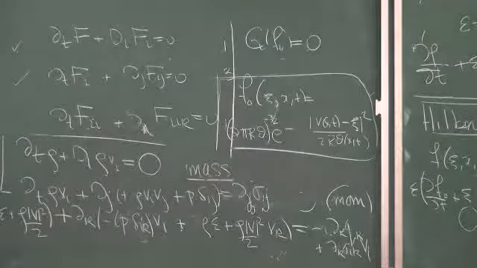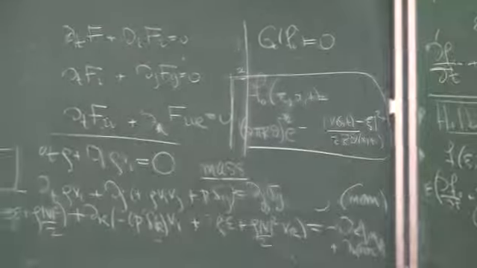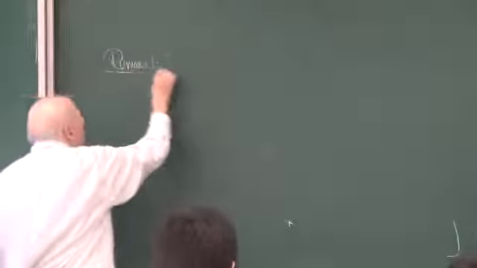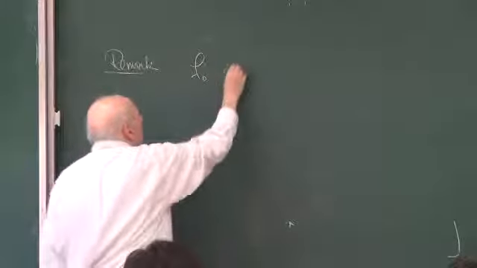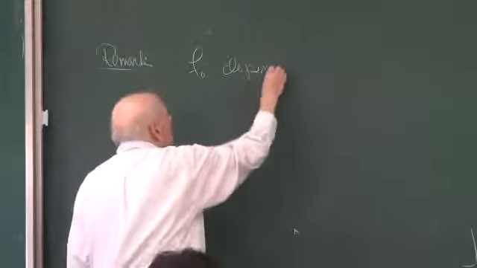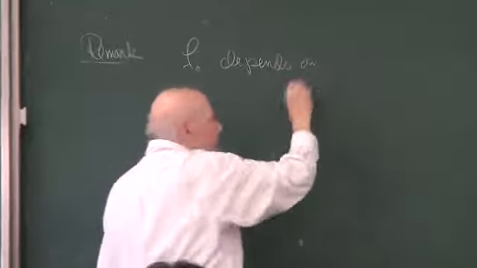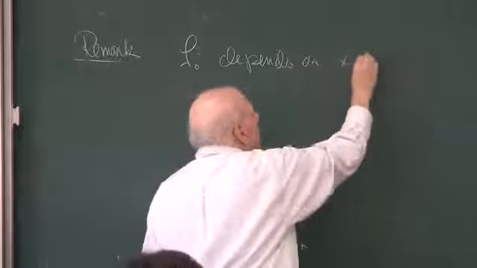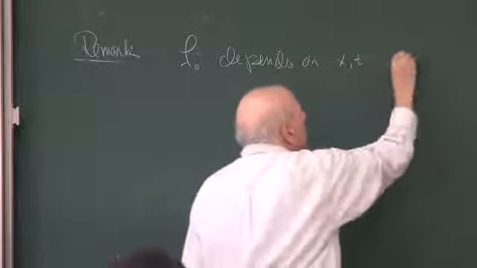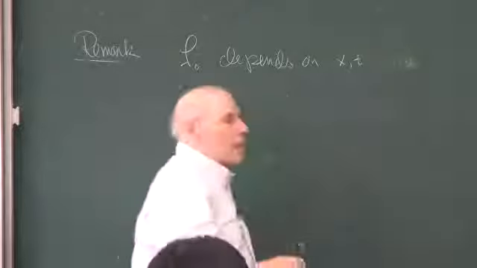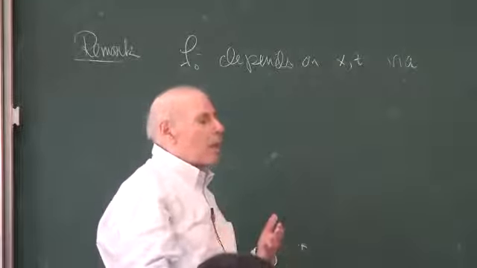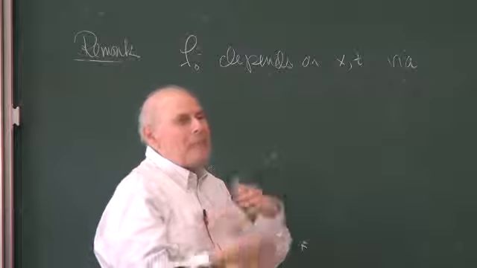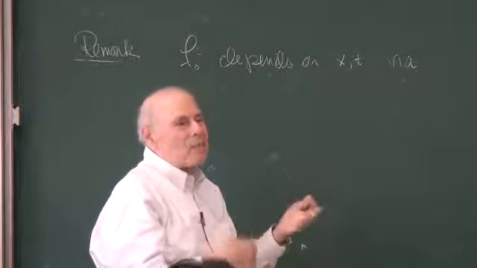So let's make a remark. F0 depends on psi, which you can't do anything about, but it depends on x and t only through the intermediary. It's the friend of my friend.